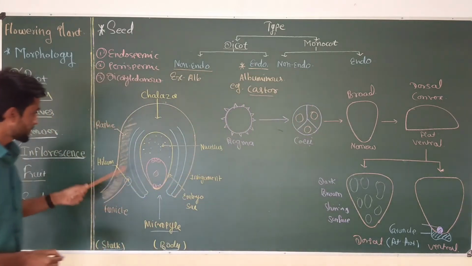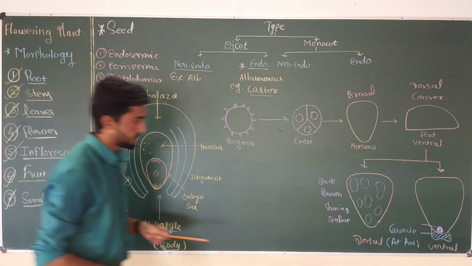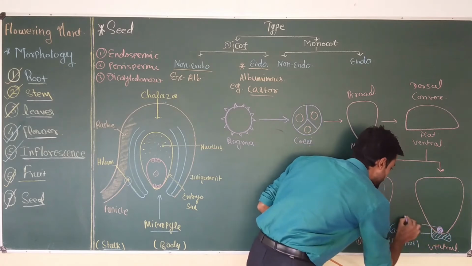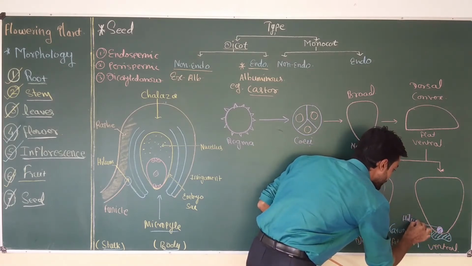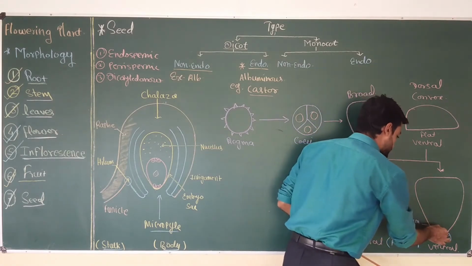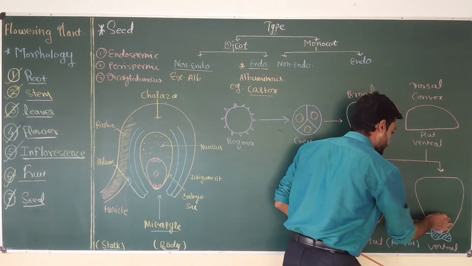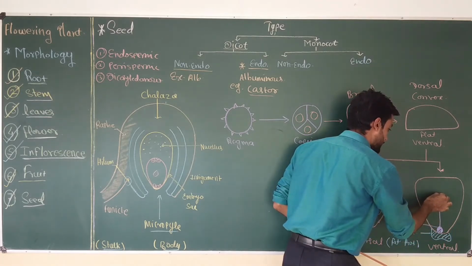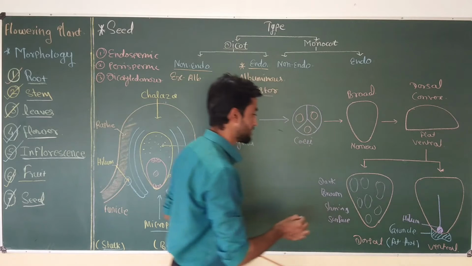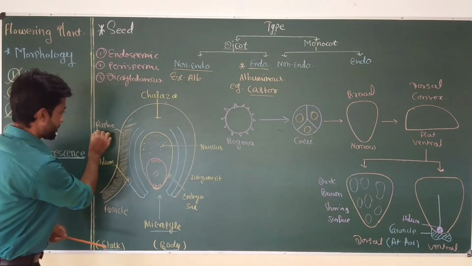Okay, this rounded structure represents the hilum of the seed. So this is hilum. And now a straight line appears on the ventral side from the hilum. This straight line is nothing but the rape.